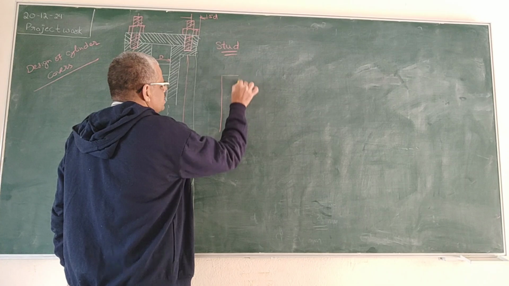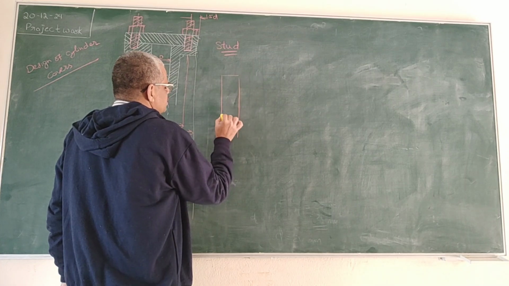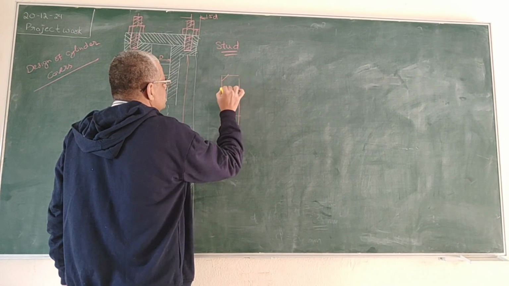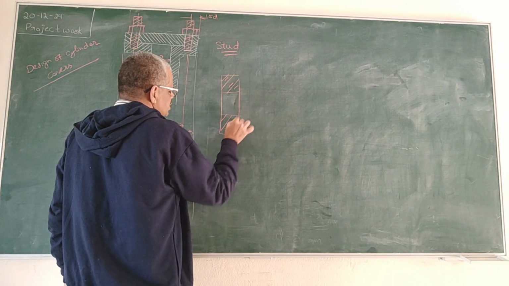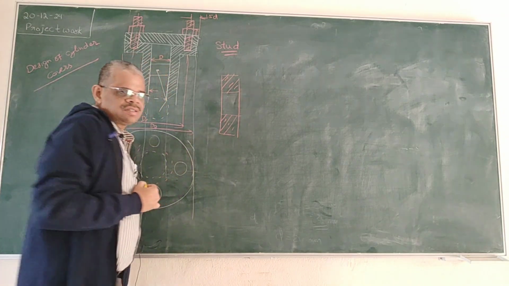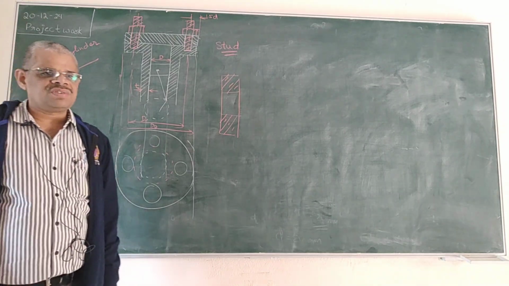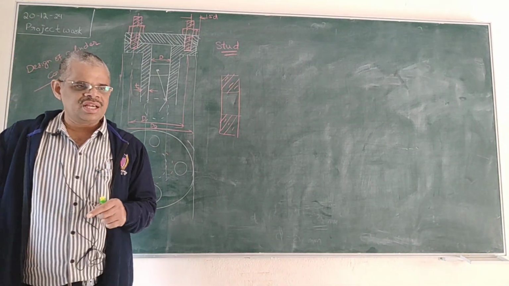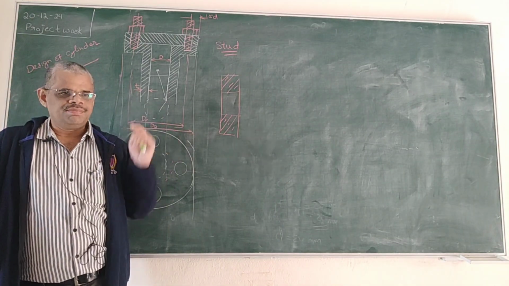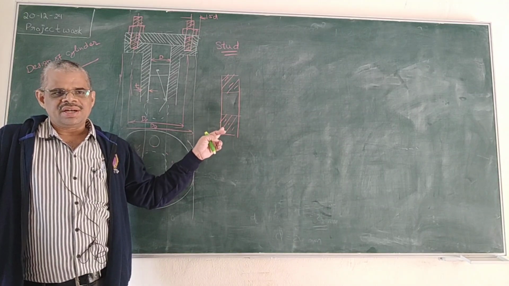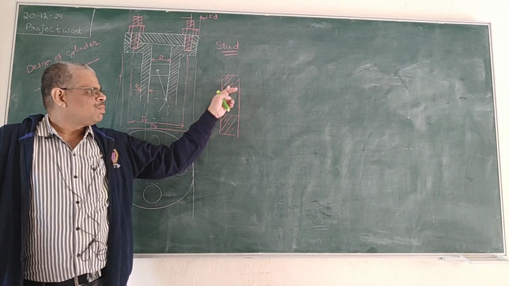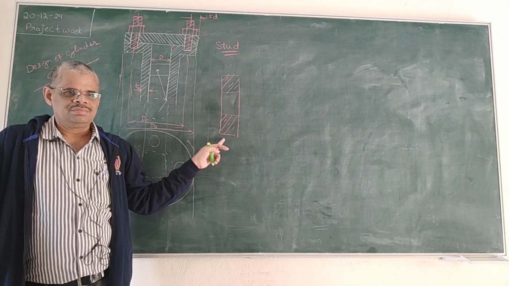If this is the stud, okay, so it consists of threaded portions on both the ends, like this. Our usual bolt consists of threaded portion on one end on the shank, and at the other end we have the head, but there is no head for the stud, and the threads will be there on both sides of the shank. That's all.